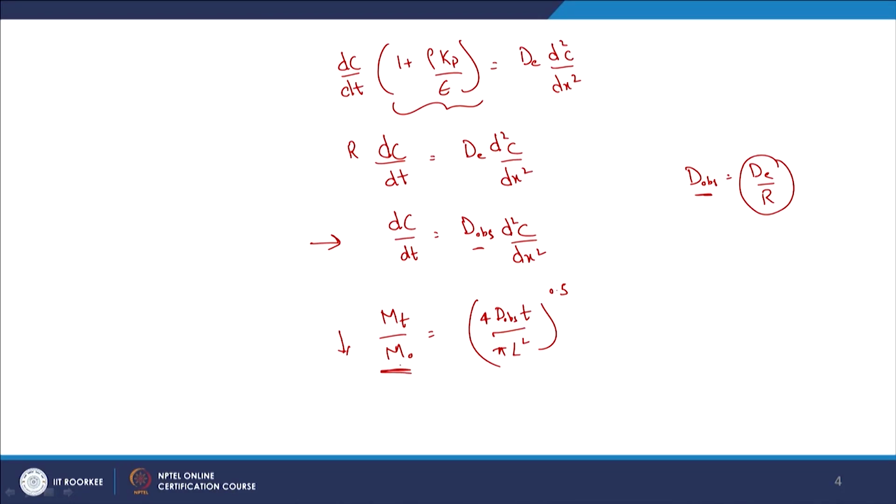But now as we see, we need to divide that by R, meaning that D observed is going to be smaller than D_E, or effective diffusion coefficient. What is the effect that we can visualize from this equation? That means that Mt by M naught is smaller. What does that mean? That the mass leached out at a certain time is lesser than the case when there is no adsorption. So that is something to keep in mind now.